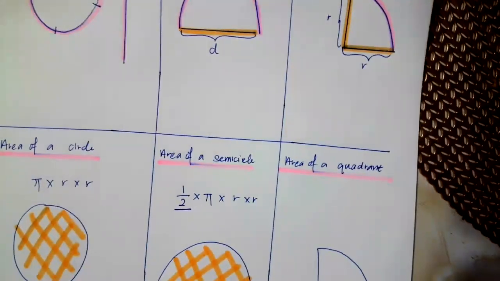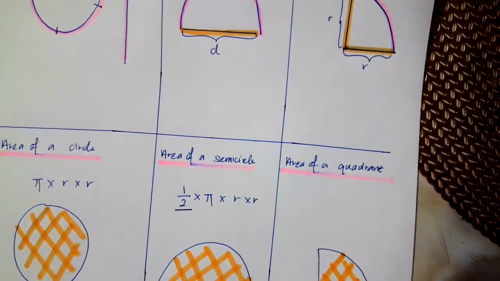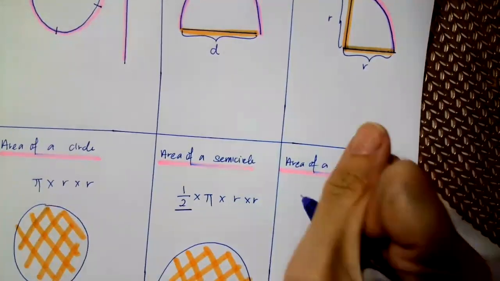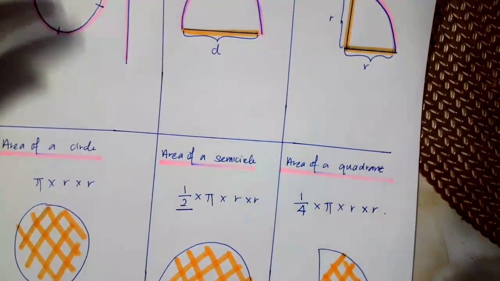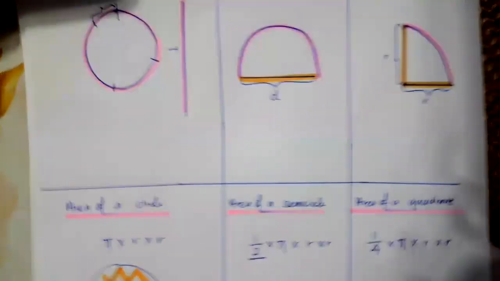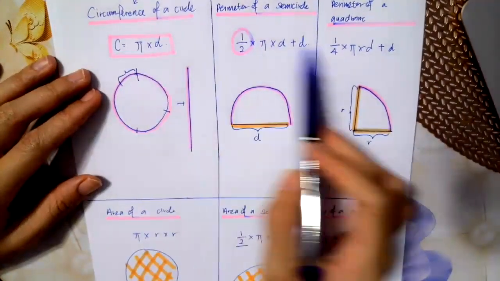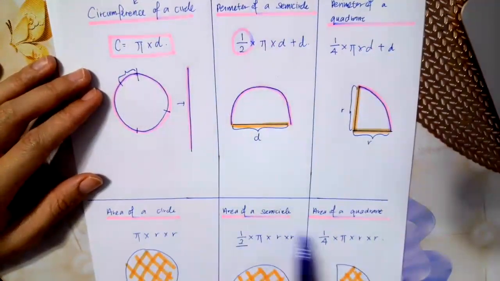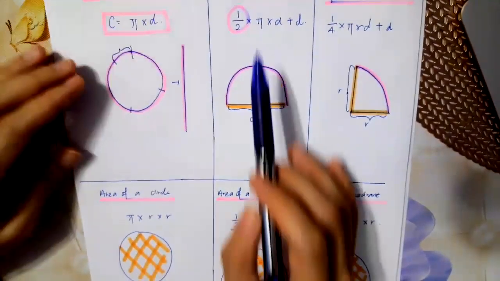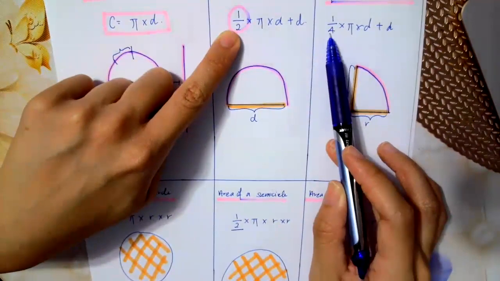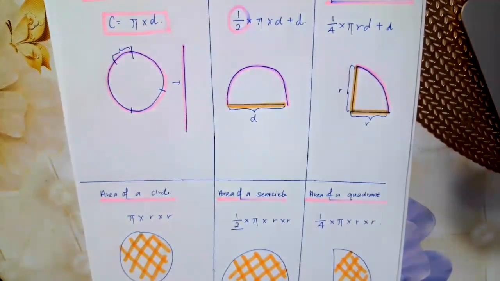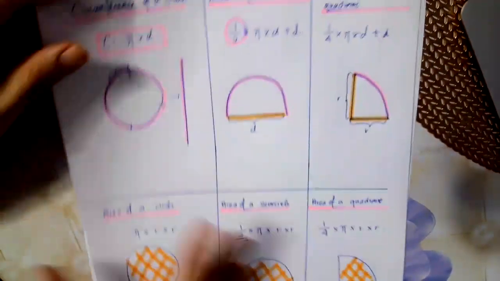And for the area of a quadrant, I'm looking for the amount of space inside here. A quadrant is 1/4 of a circle, so it's 1/4 times pi times radius times radius. Okay, so this is the overview of everything. Don't confuse the perimeter, circumference with the area. And don't forget, if I'm looking for a semicircle and quadrant, I must add in my half and my 1/4 respectively. Okay, so this is the very basic thing.